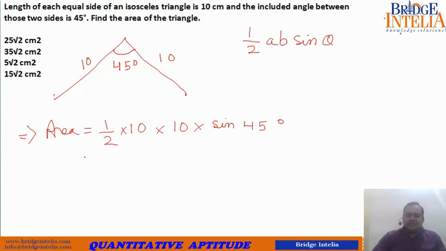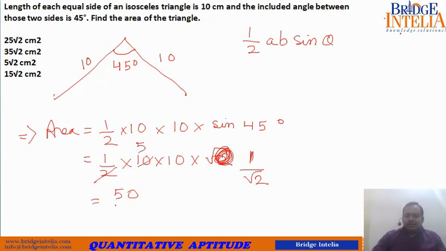What does this come out to be? Half into 10 into 10 into 1 by root 2, because sine 45 is equal to 1 by root 2. So this is 50 by root 2. This can be written as 25 root 2.